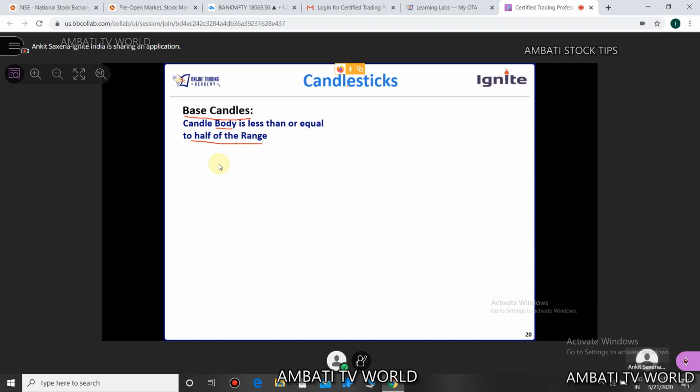So body is the difference of open and close, whereas range is the difference of high and low.